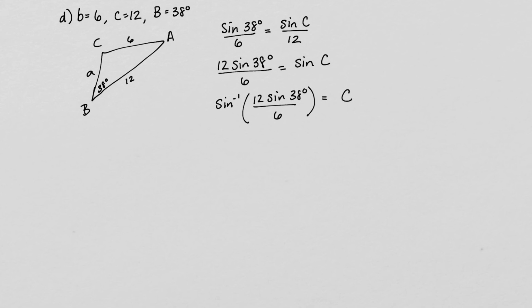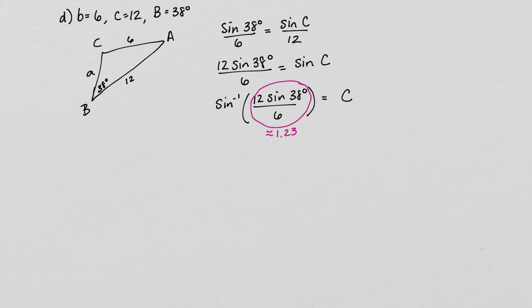So if you punch that into your calculator, it's going to yell at you. It's going to say something like domain error, restriction, can't do it. And what's actually going on is that if you were to calculate this inside stuff here, it's roughly about 1.23.